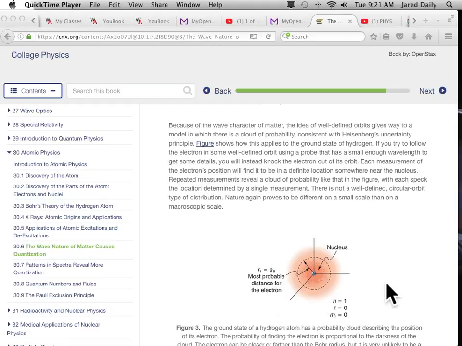Another thing they discovered is when they put atoms in a stronger magnetic field, it split the states up. So instead of just shifting the states, it actually split them. So if you had one state, it would split into several states. And so this was also quite interesting. And what they discovered is that if you were in the n equals 1 state, it didn't split the states. It would just shift.